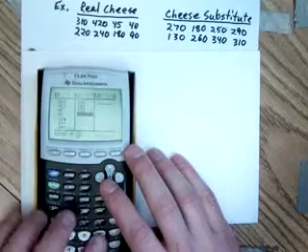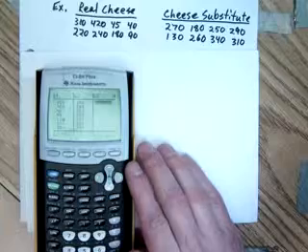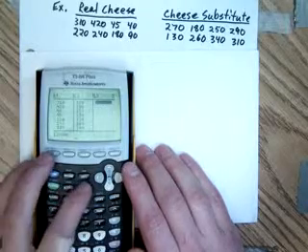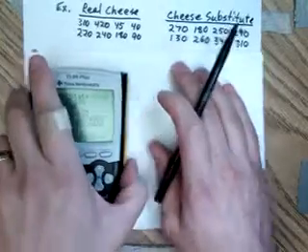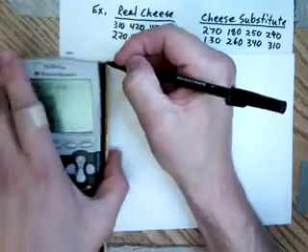Now go to L2 and type in your cheese substitute values. So that's going to be 270, 180, 250, 290, 130, 260, 340, 310.